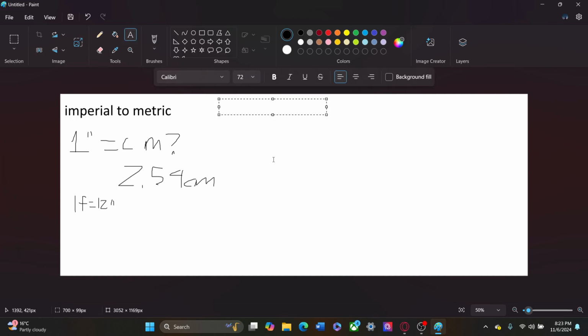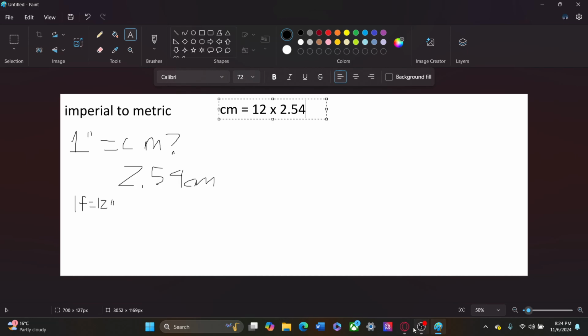So then to get feet, all we got to do is our inches times, to get centimeters, we have to do 12 times 2.54, and that will give us what 1 foot is in centimeters.